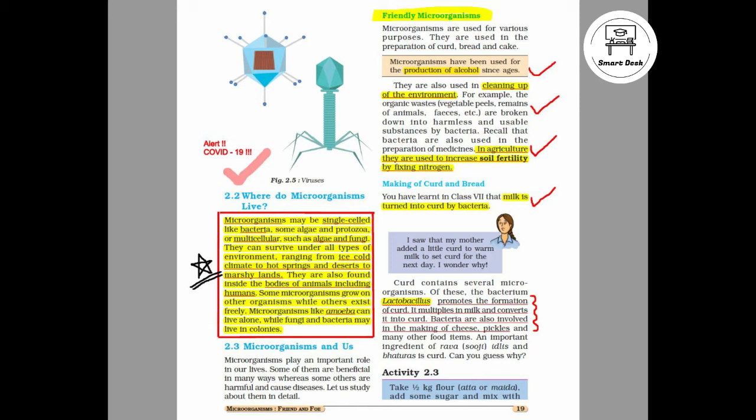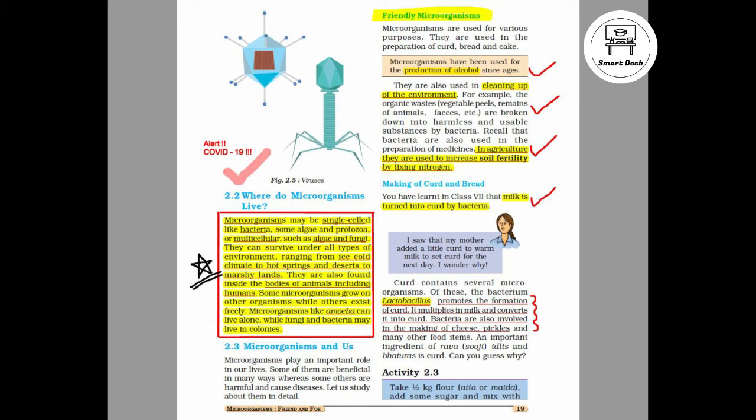Now they can survive under all types of environment, all types of temperatures, all types of moisture content in the air. At any place they can live, from ice cold climates to hot springs and desert to the marshy lands, they can survive under all circumstances.